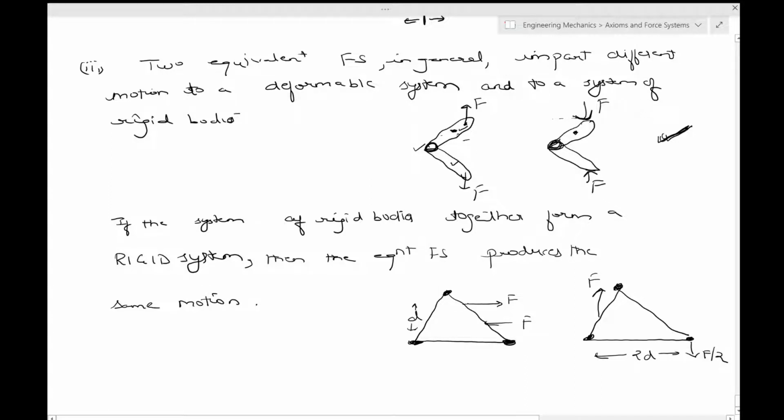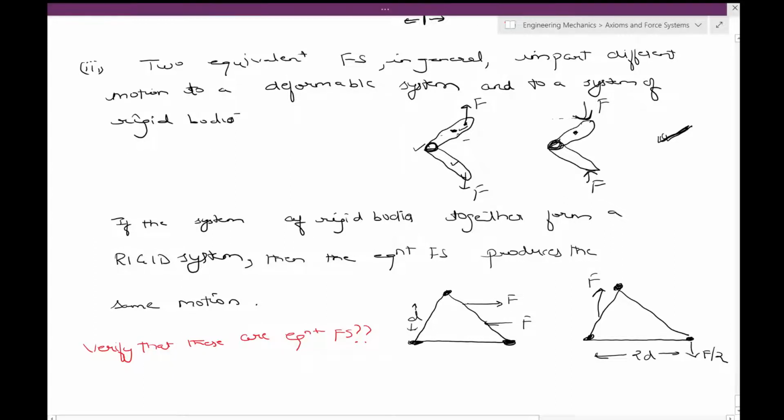So first of all you should verify that these are equivalent force systems. You have to do that first, that they are actually equivalent force systems.